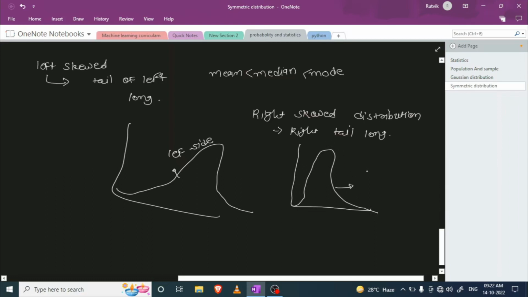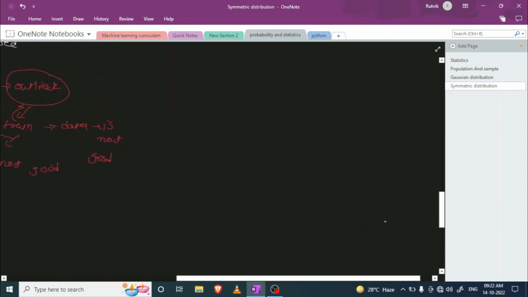So this distribution is right skewed or positive distribution. The values of mean, median, and mode are going to be like this. Clear?